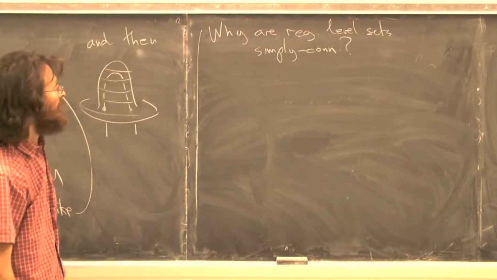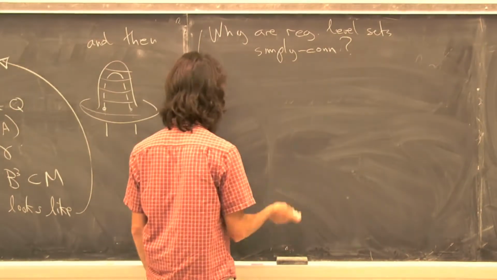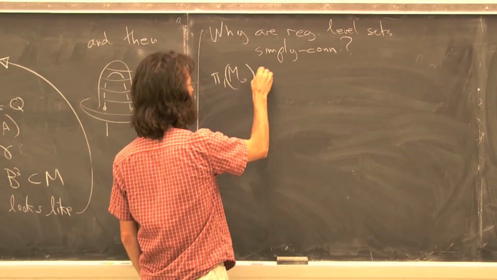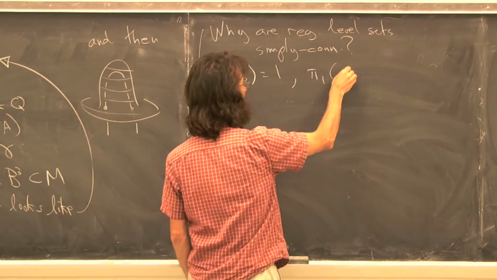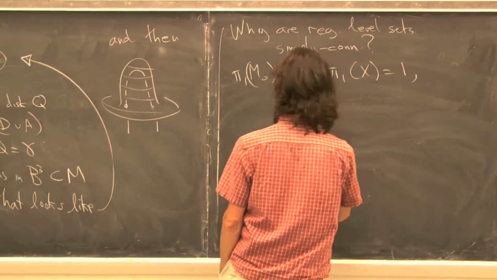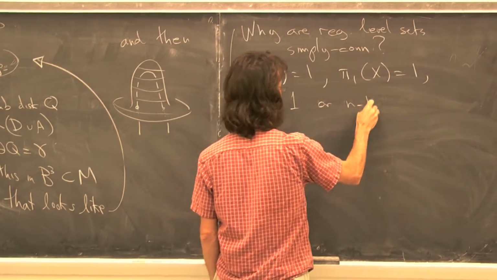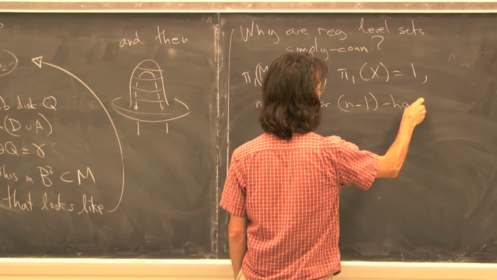Okay. So the point is this: what do we have? We know pi 1 of the bottom is 1, pi 1 of X is 1, and no 1 or n minus 1 levels.